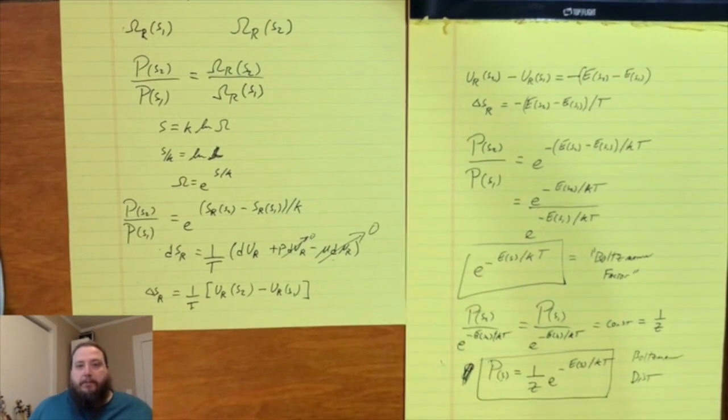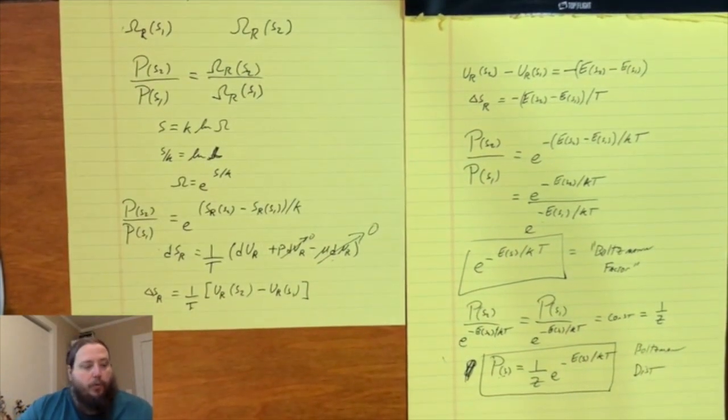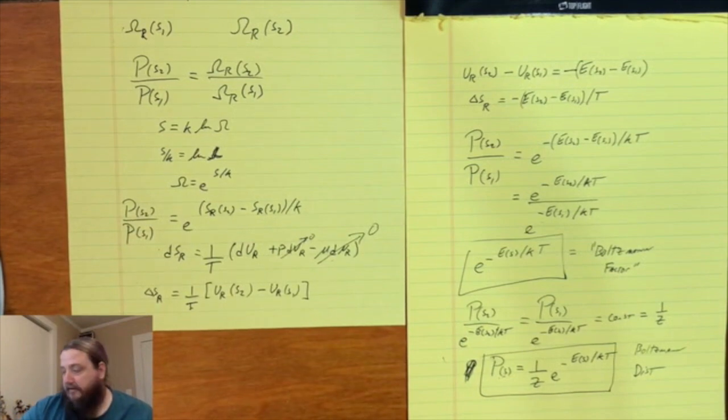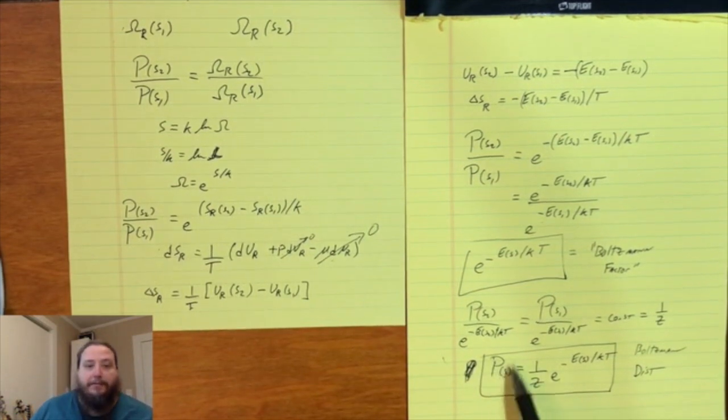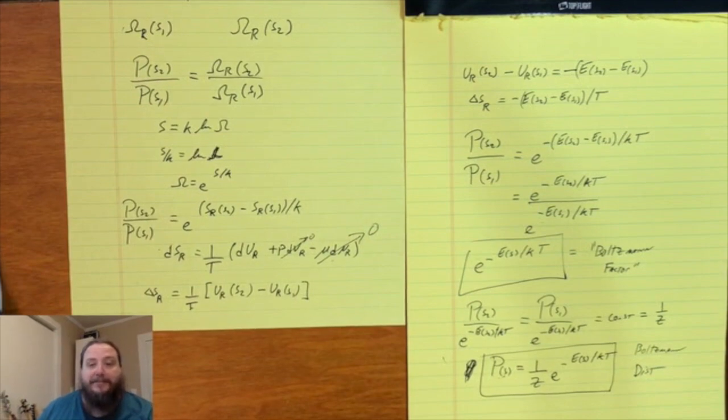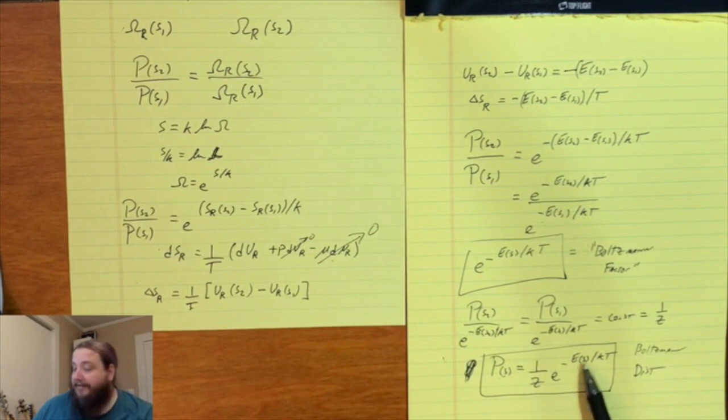And it turns out that the Boltzmann distribution is quite possibly the most monumentally useful thing in all of statistical mechanics. This is an incredibly useful equation, an incredibly useful idea, because it allows us to describe the probability of a thermal system being in a particular state, as long as we can evaluate the discrete energy states.